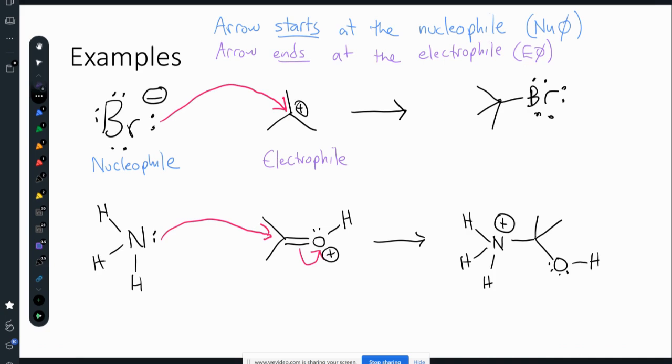So we've seen the arrows before. Now we're just introducing terminology. In the second reaction there, what's acting as the nucleophile? NH3. And the electrophile then is the other molecule.